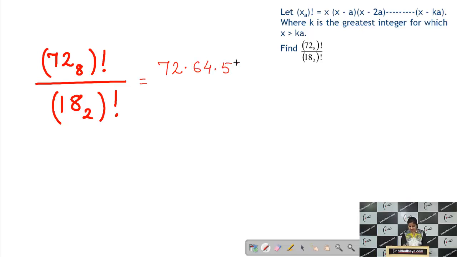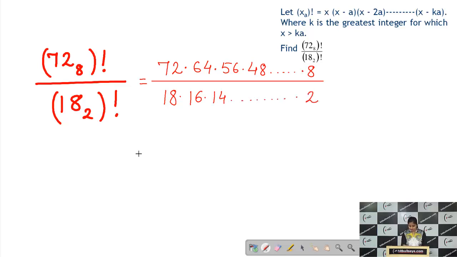If we go in the same manner, we'll get 56 into 48 and so on up to 8. Division by, again we'll follow the same definition. It will be 18, 18 minus 2, 16, 16 minus 2, 14, and so on up to 2.